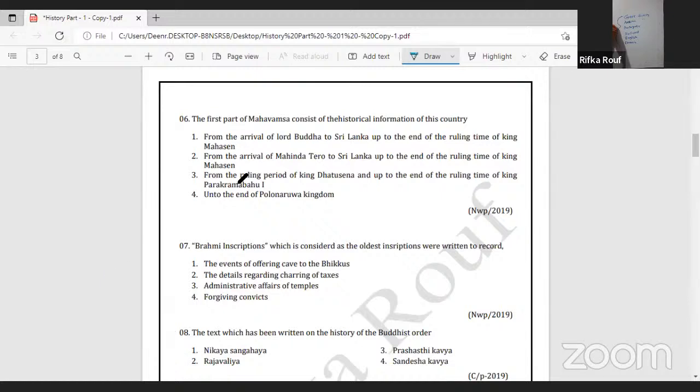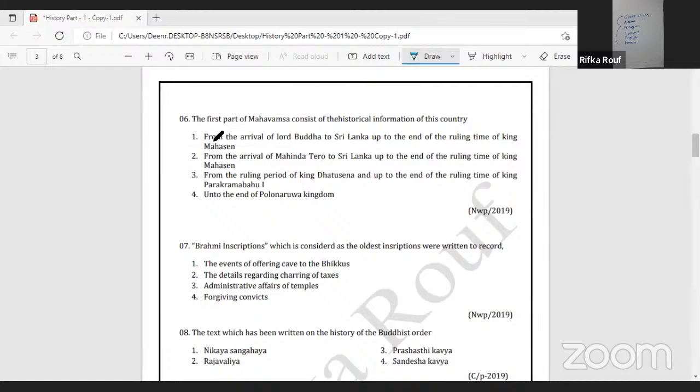The first part of Mahavamsa consists of the historical information of this country. Which one? Yes, the first part of Mahavamsa, which was written by Mahanamatero. The first part of that is from the arrival of Lord Buddha to Lanka up to the end of the ruling time of King Mahasen.